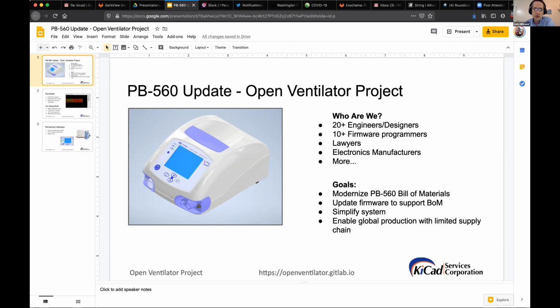So our goals are modernizing the electronics and updating the firmware to support this as we change some of the smaller aspects, the memory chips, for instance, in order to find currently available parts. We do need to make minor modifications to the firmware systems on the 4 embedded microprocessor units that are inside this one unit.